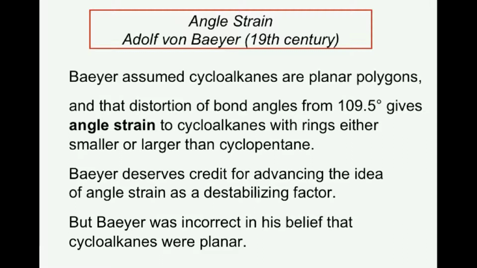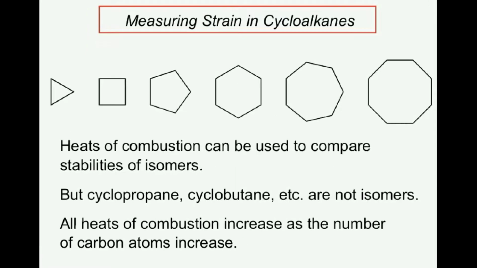Baeyer was onto something with the idea of angle strain, but it turns out his assumption that cycloalkanes are planar was wrong. So if we look on this slide from left to right, we see a series of cycloalkanes increasing in the number of carbons within the ring, going from cyclopropane to cyclobutane, cyclopentane, cyclohexane, cycloheptane, finally cyclooctane.